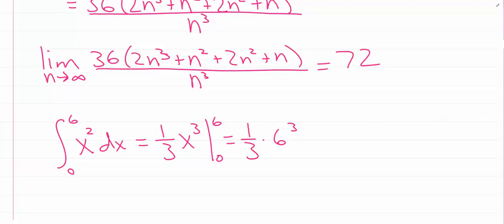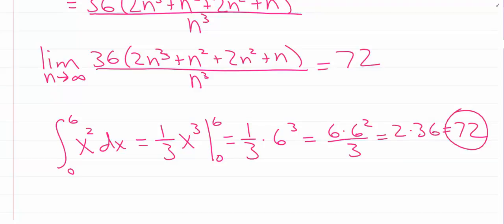Now what is 6 cubed? That's a big number, isn't it? Well, I don't know. Let's see here. Maybe we can say 6 times 6 squared over 3, and that's 2 times 36. 72. Look!